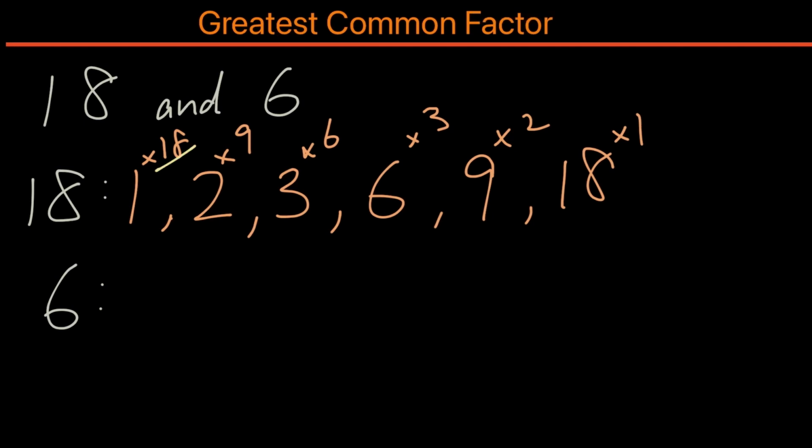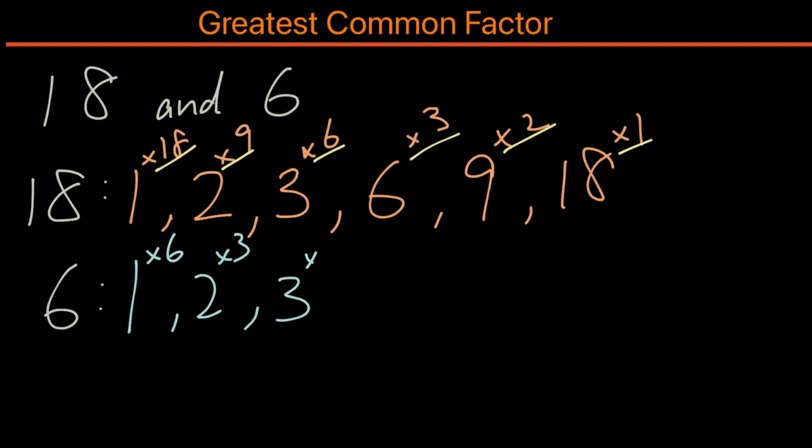Initially, you could list these multiplications out if you want, or if you can do it in your head, you may do so. So for the number 6, 1 will always be available, 1 times 6. 2 times 3 is 6. 3 times 2 is 6. And then lastly, we have 6. Okay, so let's compare the common factors.